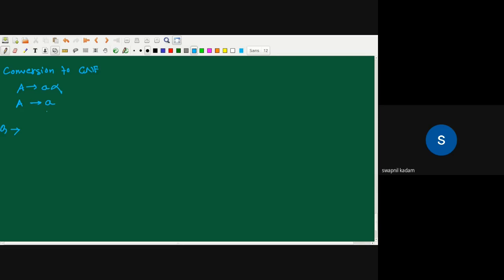We have a production like capital B tends to capital B small b and AD. Or we'll take another production for simplicity, because afterwards we'll see lemma 2.